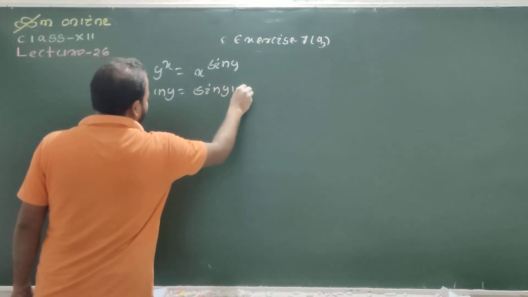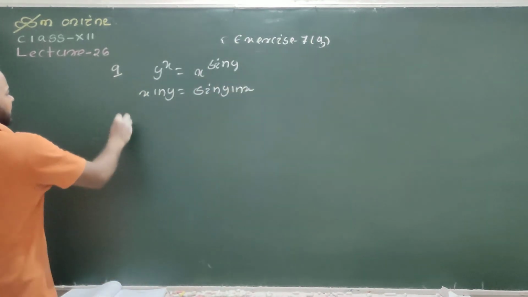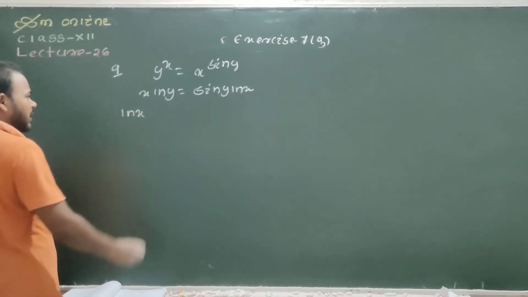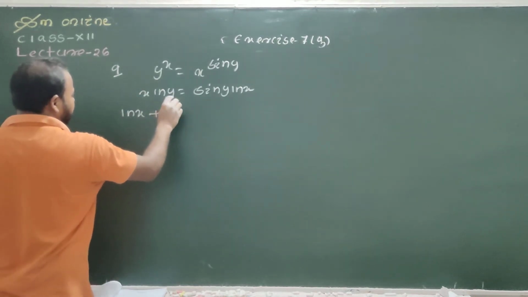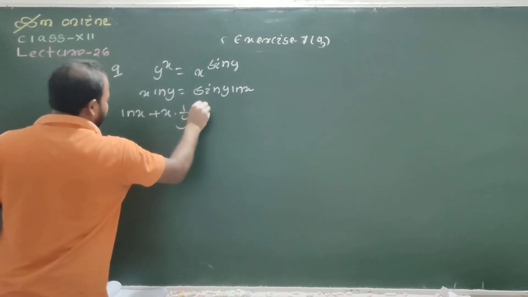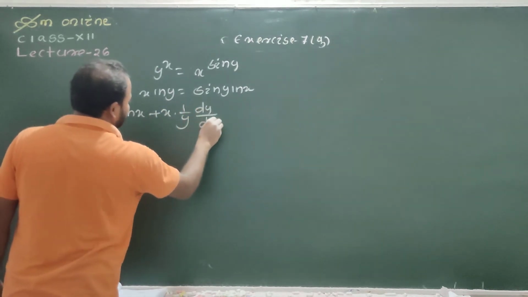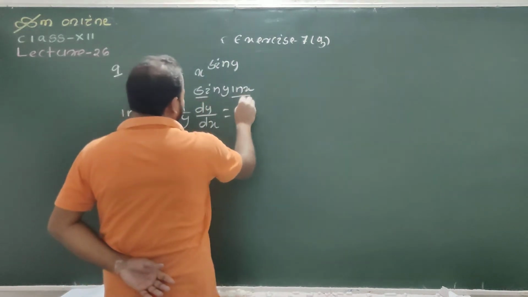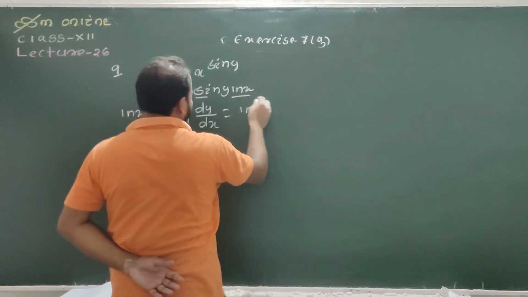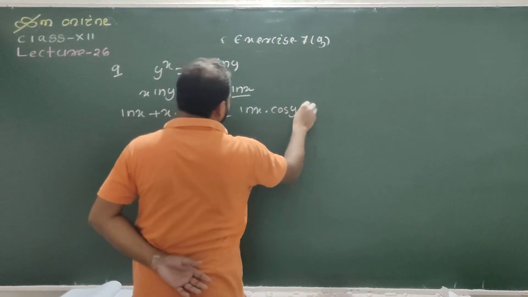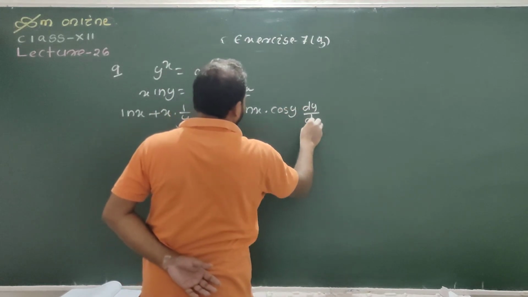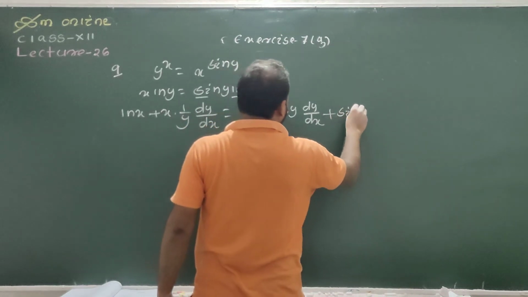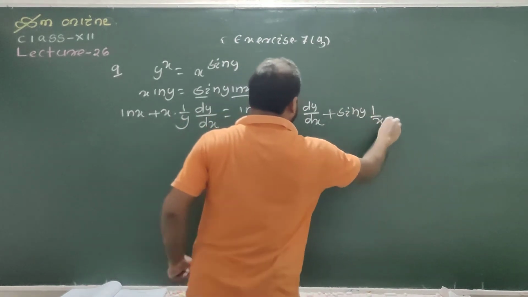Again differentiating both sides, this is ln x into the derivative of x with respect to x, which is 1, plus x into the derivative of ln y, which is 1 by y dy by dx, equal to, this is the product rule, sin y into ln x, so it is ln x into the derivative of sin y, which is cos y into dy by dx, plus sin y into the derivative of ln x, which is 1 by x.